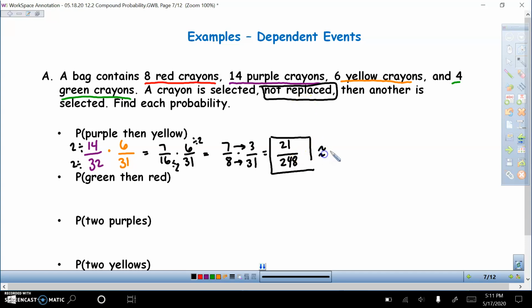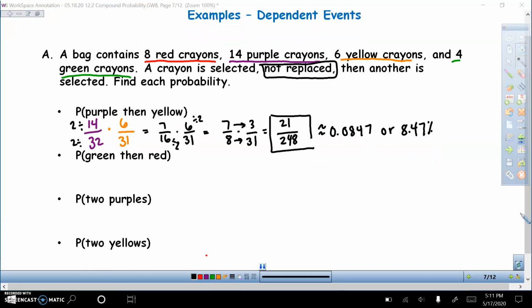So this would be approximately 0.0847 or 8.47%. And then we can go ahead and do the probability of a green and then red. So green is going to be 4 out of 32. And then the red, there are still going to be 8 red crayons, but now there's only 31 crayons in the bag.